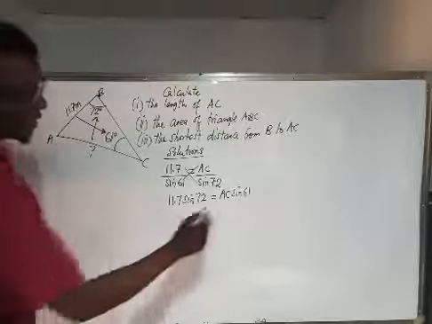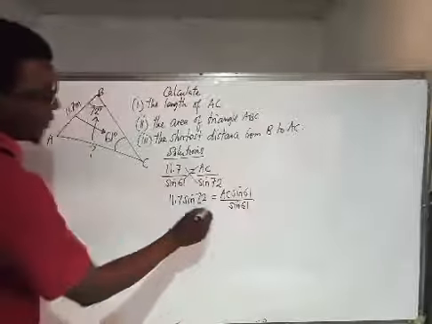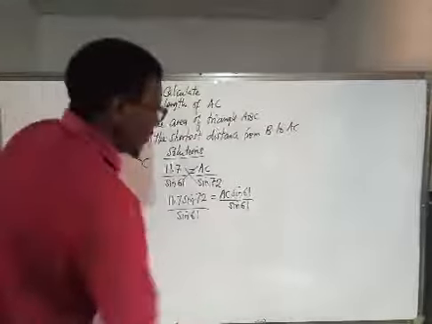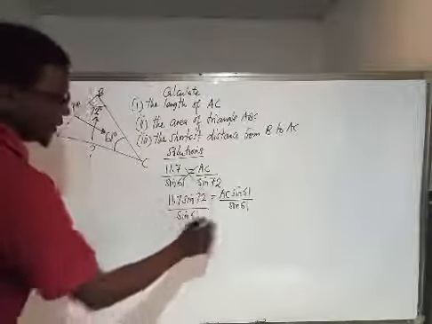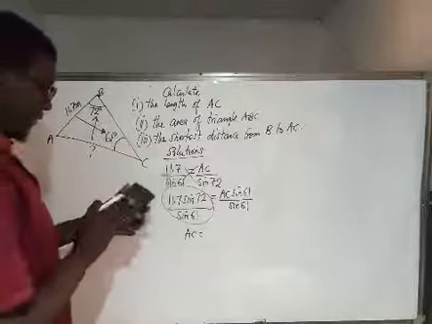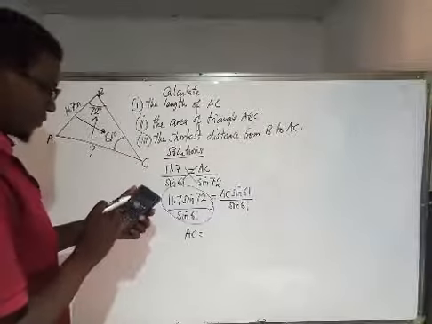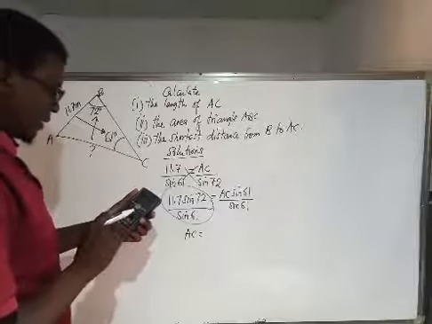Our interest is AC. Get rid of sine 61 on the right hand side. We do the same on the left hand side. Once you deal with that, you say our AC, punch this on your calculator: 11.7 sine 72 divided by sine 61.